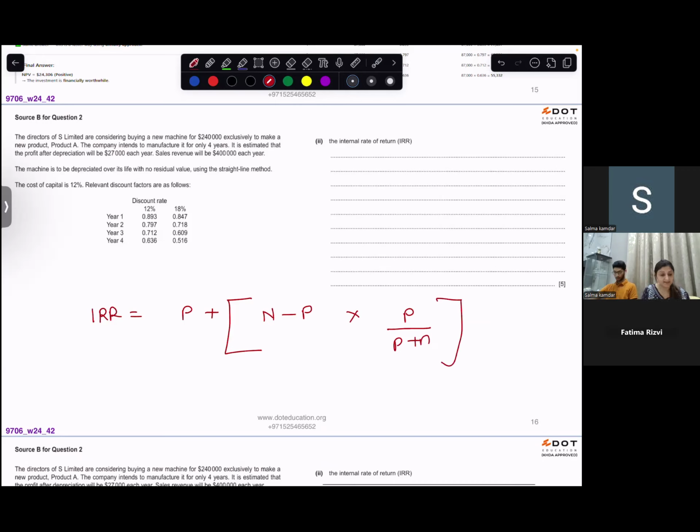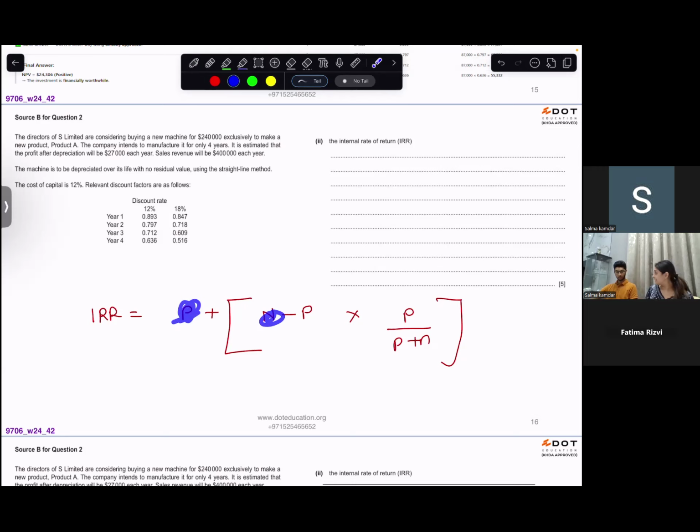What does the capital P and the small p denote? The small p is the positive NPV. The capital P is the rate, the rate of positive NPV.